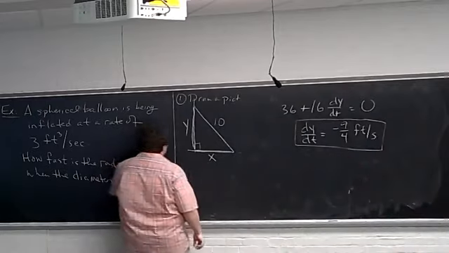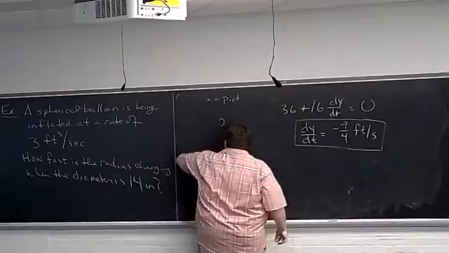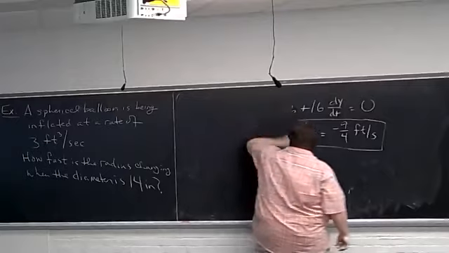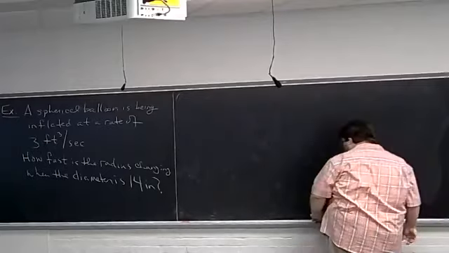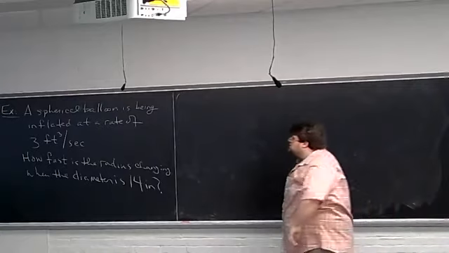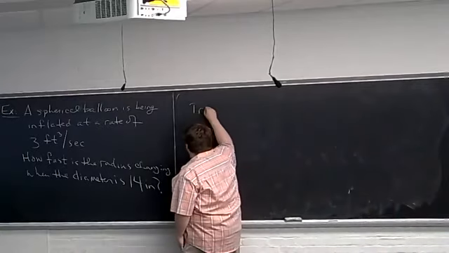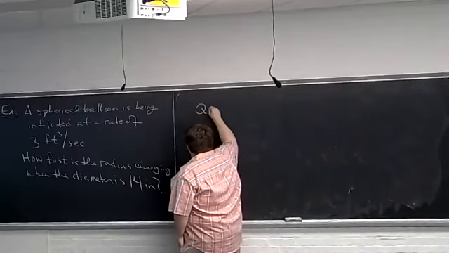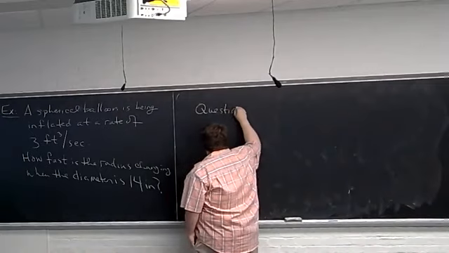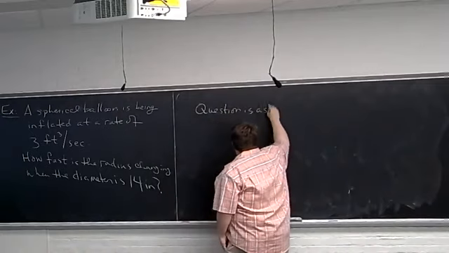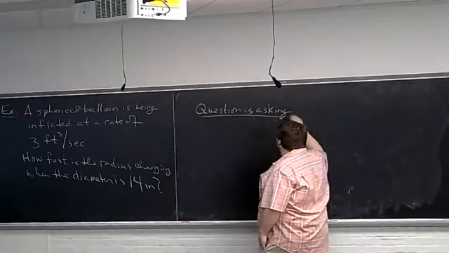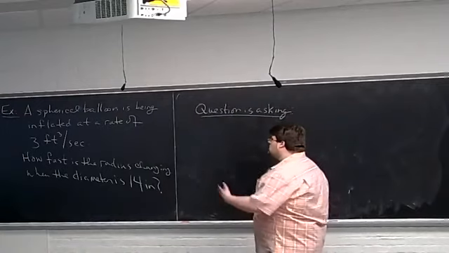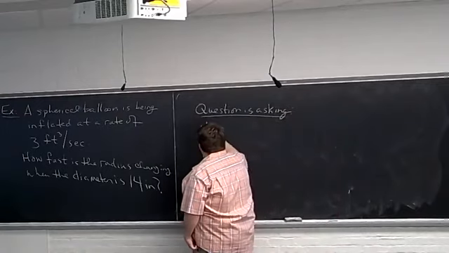Right here in this next example, a spherical balloon is being inflated at a rate. How fast is the radius changing? So here it may not be that useful to draw a picture because it's just a sphere, but we can translate the question. So I'll say here, question is asking what? Well, how fast is the radius changing?